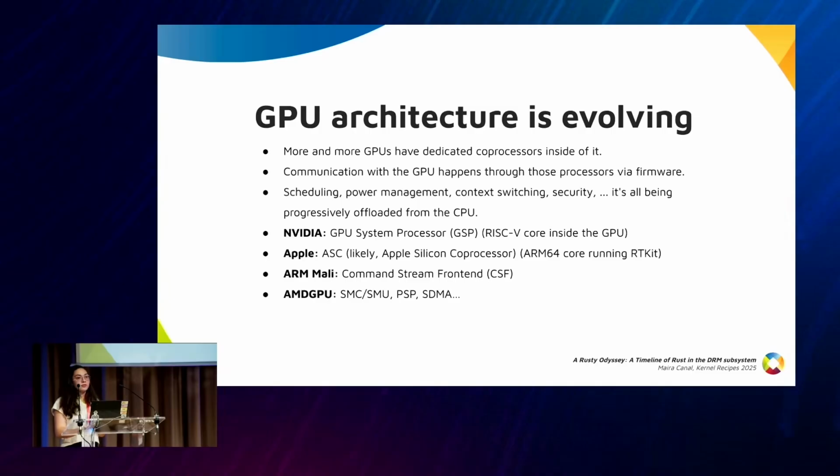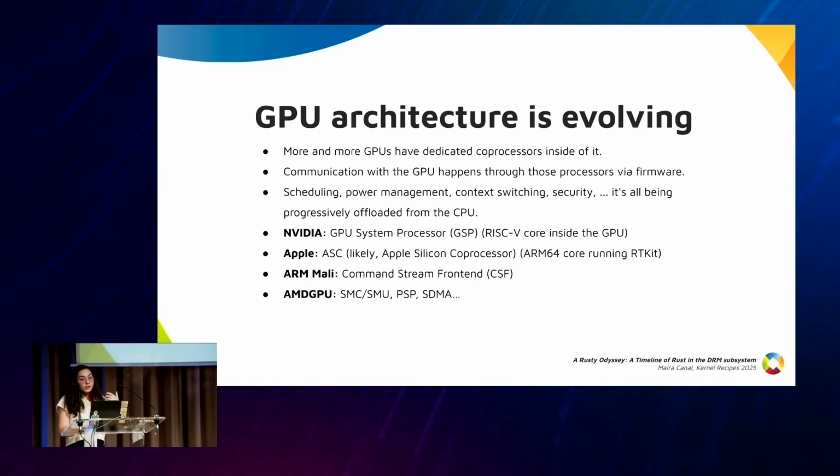Apple also has this coprocessor, which is like an ARM64 core running a real-time proprietary OS from Apple. You also have the ARM Mali with the CSF, and AMD GPUs have so many coprocessors that I wasn't able to enumerate them all here.